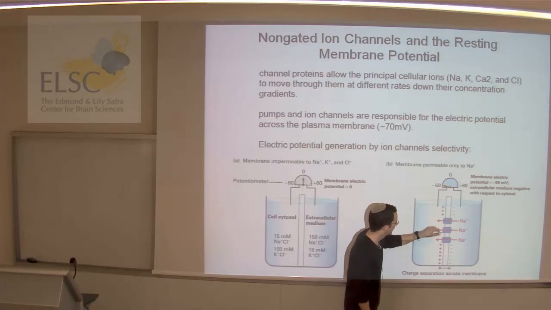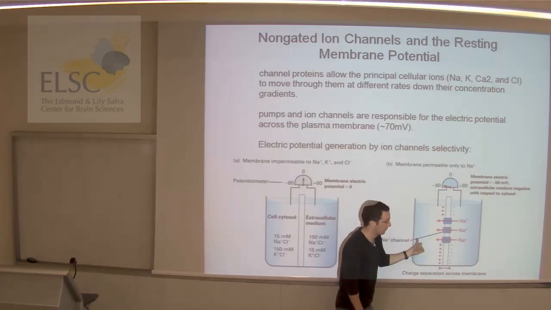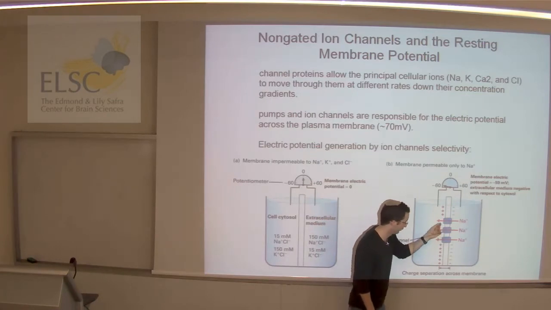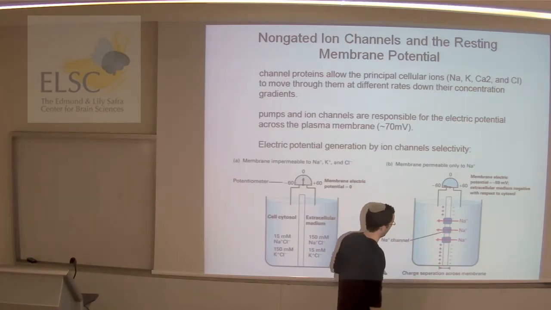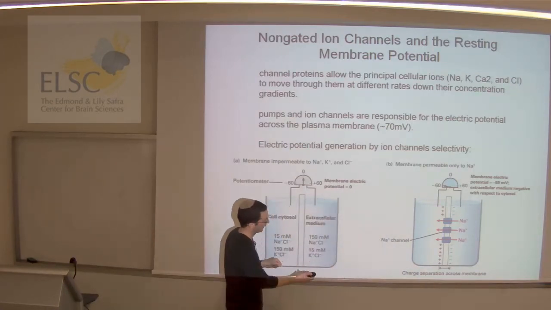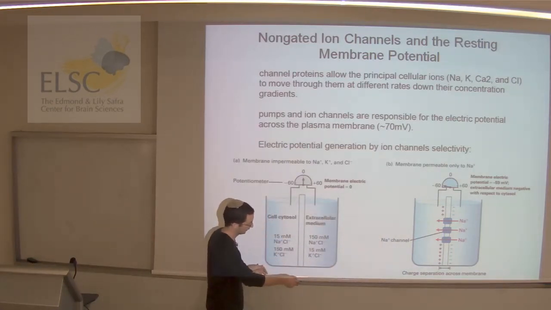Okay, and in this case, you see that the membrane is depolarized. There's an excess of positive charge, and on each sodium that enters the cytosol, we have an effective delta charge that we leave outside, and then an electric potential is formed across the membrane.